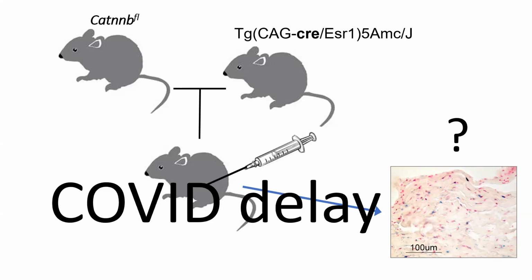Unfortunately, we started this right before COVID hit the United States, and during that time we had to close our labs. We had to sacrifice a number of our mice, and so we don't have any data from this yet. We restarted this as the COVID slowdown passed, and we've regenerated the mice, we're recrossing the mice, and hopefully we'll have some data from this in the next couple of months.